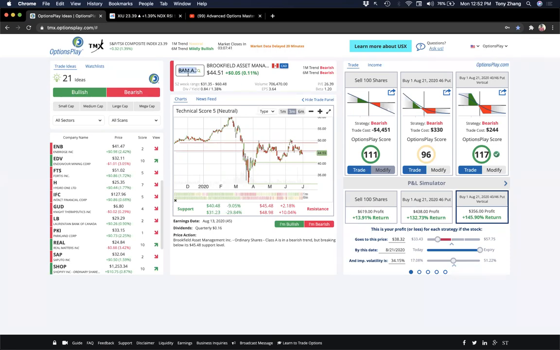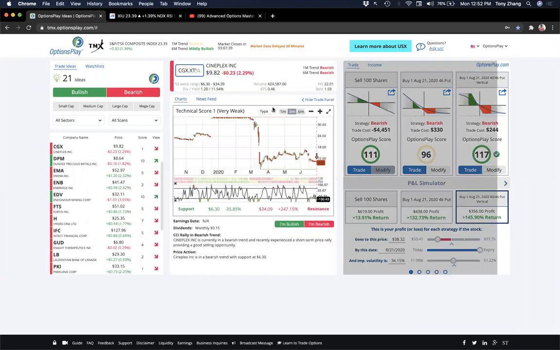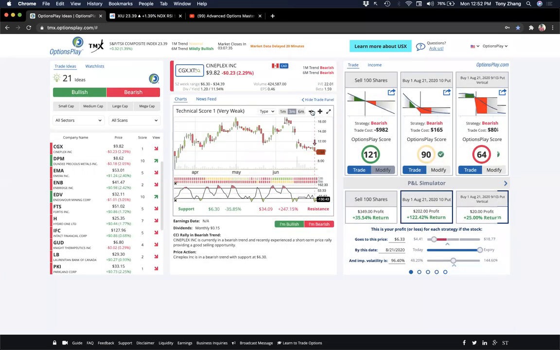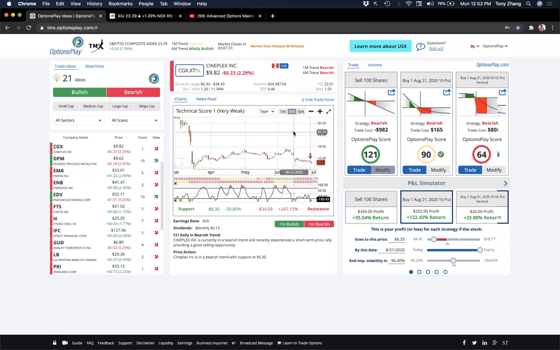CGX, and you're bearish on CGX. Cineplex. The movie theaters really have been struggling, and they tried to rally with the travel stocks a couple of weeks ago, but really came back down. Also, anything paying a 12% dividend yield, typically you don't see strong, fundamentally sound companies paying 12% dividend yield.